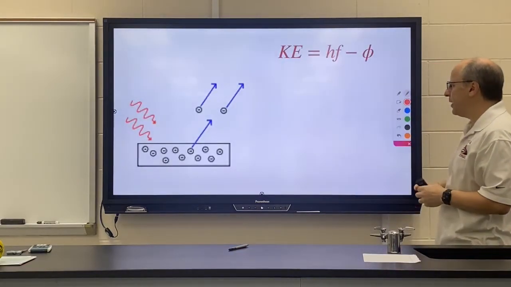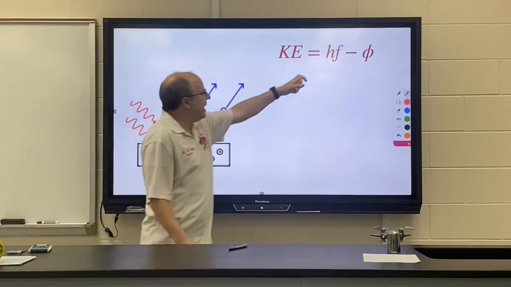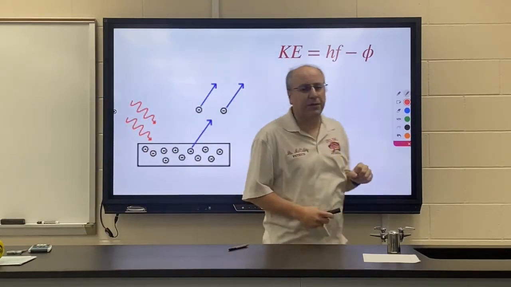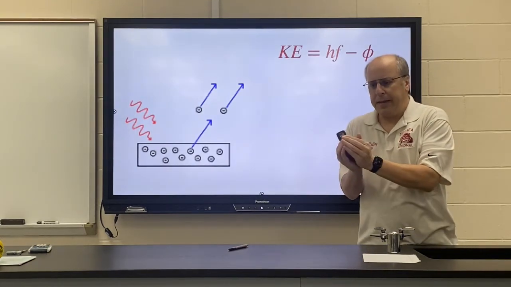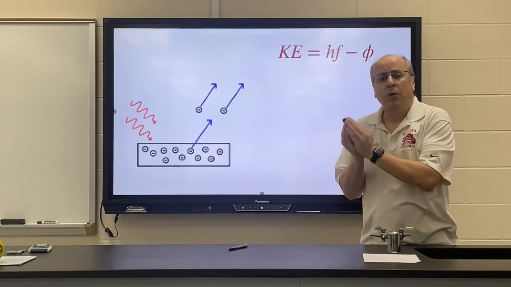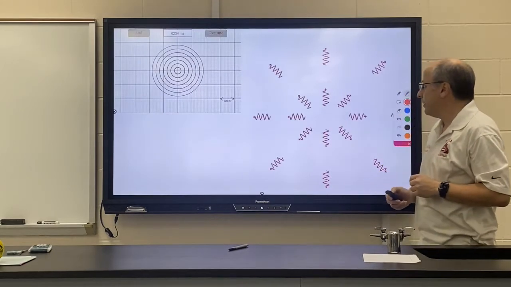It fit perfectly. So we had a bundle of energy, HF, hitting our metal, and the electron coming off with a certain kinetic energy. This model of light being a massless, chargeless particle worked out wonderfully to explain the photoelectric effect.